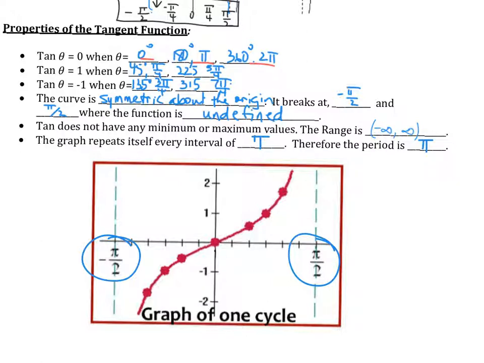What was our period length for sine and cosine? 2 pi. So it got cut in half, okay? But the way that you find your period length, when we get into our graphing, will still be pi divided by b. For sine and cosine, it was 2 pi divided by b. So you still divide by b to find your period length, a new one, okay?